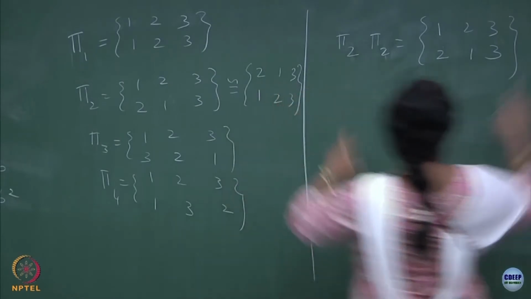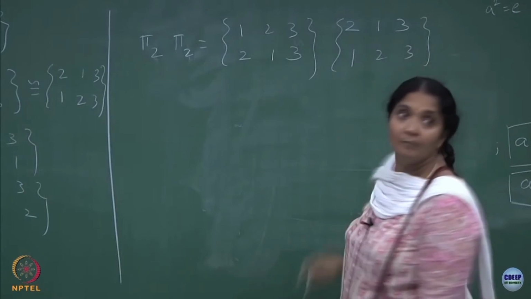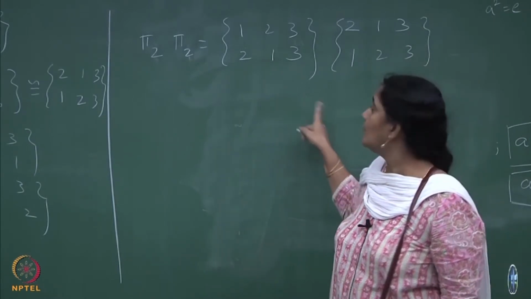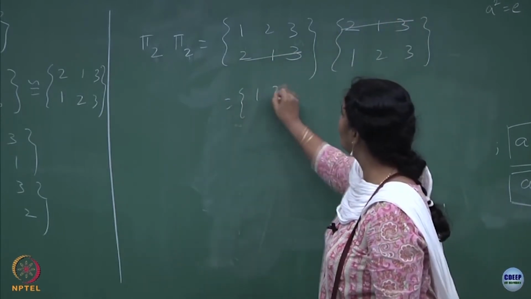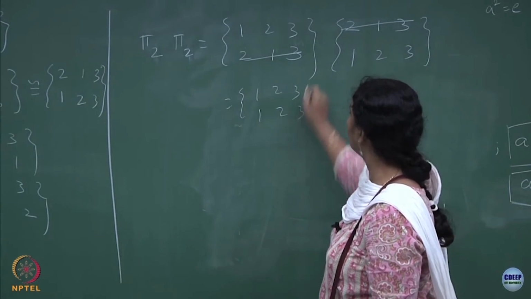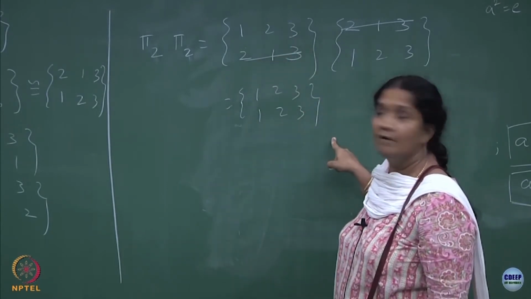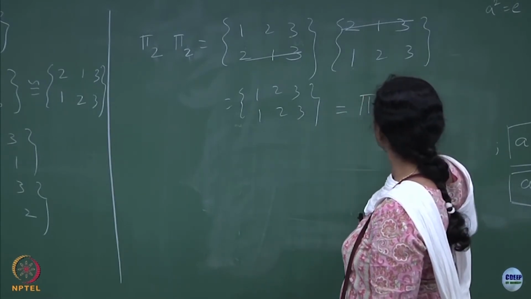So, 2, 1, 3 will go to 1, 2, 3. This is the multiplication procedure. When you do that, you write the initial and the final, and this is what I call pi 1, which is the identity element.